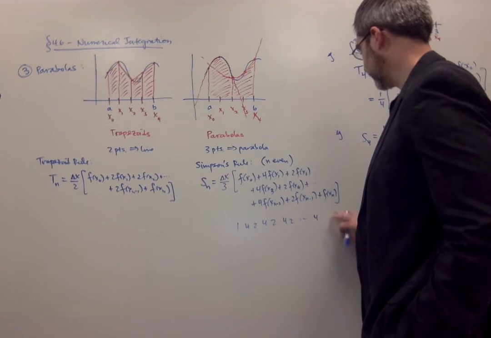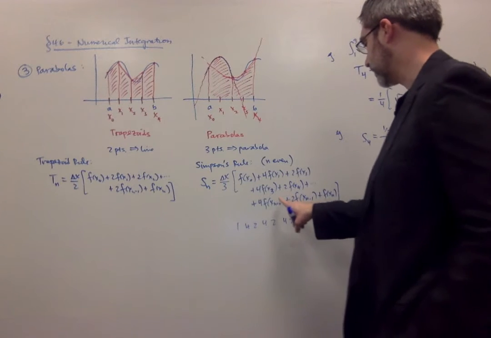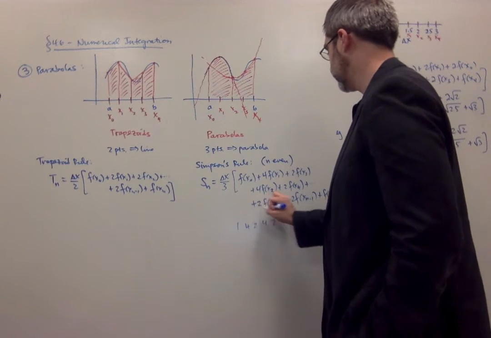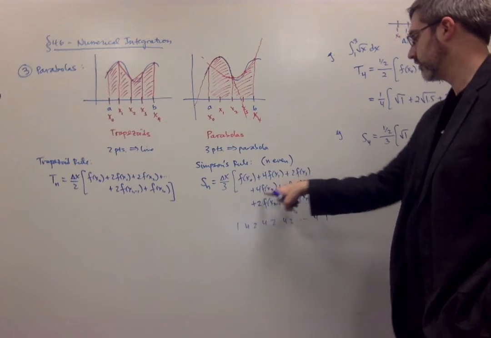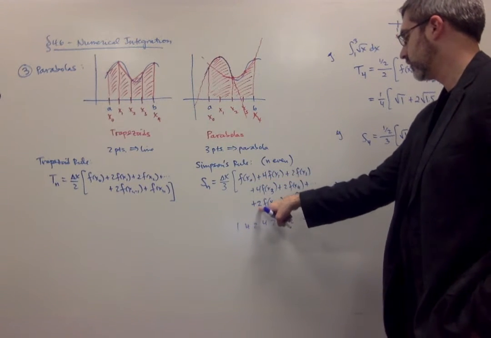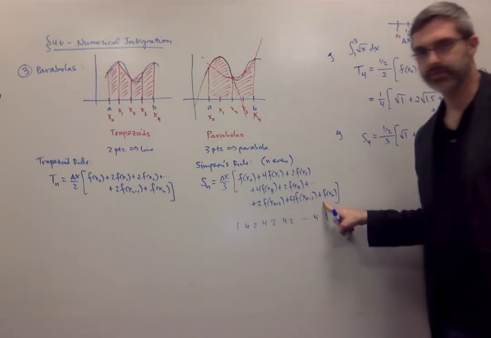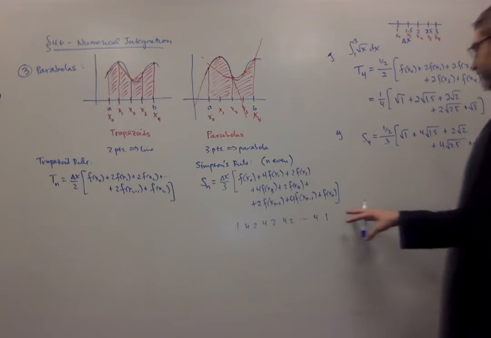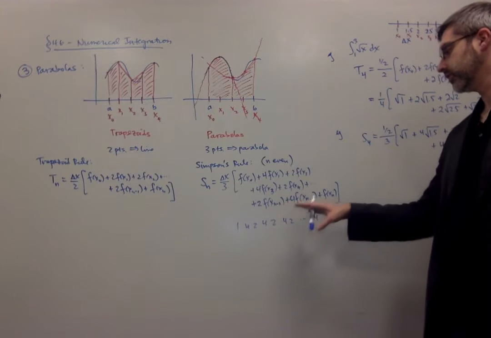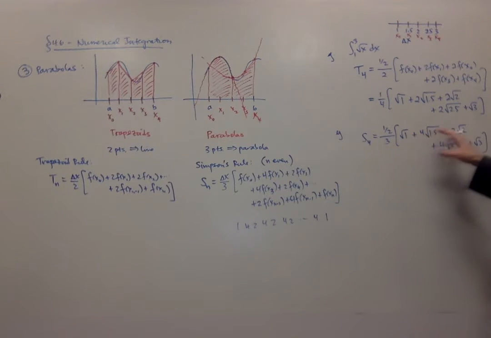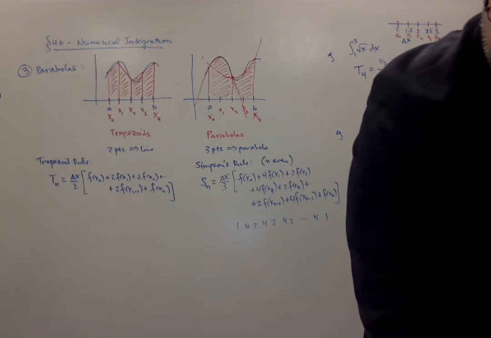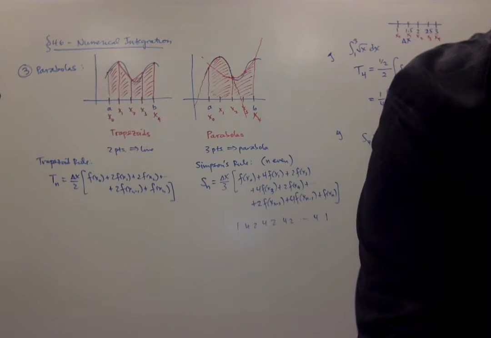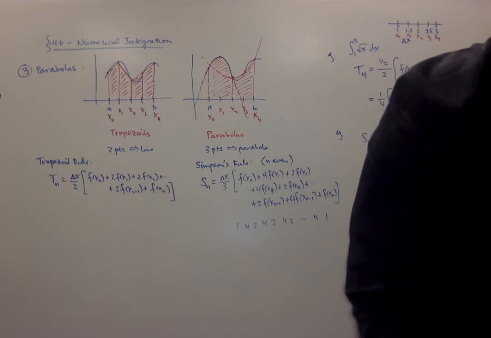So the second to last one is 4, and the last one is 1. So it's supposed to go 1, 4, 2, 4, 2, 4, 1. In this case, it's going to go 1, 4, 2, 4, 1. So apologies for that. I kind of messed that one up just a little bit there. Okay.